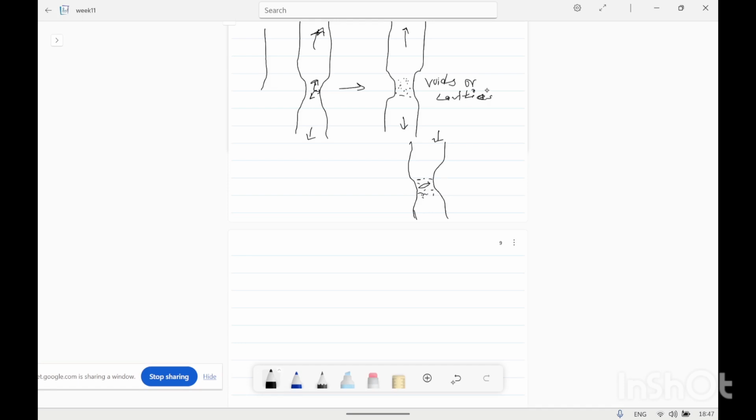So first is the void or cavities nucleation, then the coalescence, and that leads to the central crack.